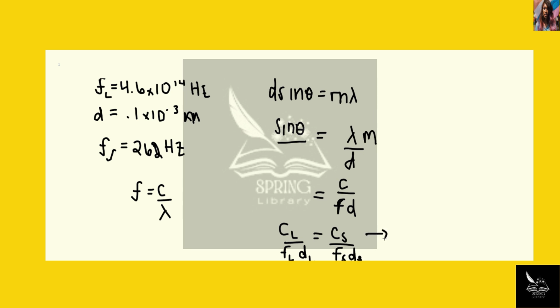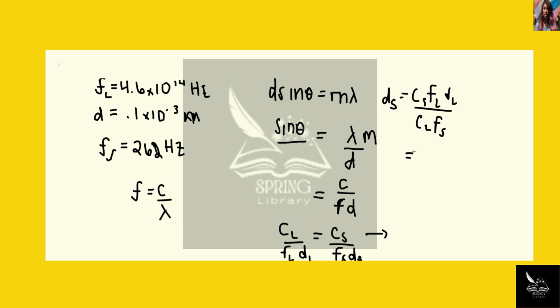And so we can use this to solve for d of the sound. So d of the sound is equal to, cross multiplying, c of the sound times f of the light times d of the light, divided by c of the light times f of the sound.